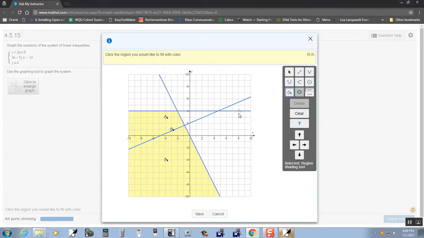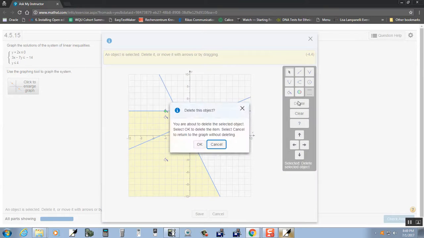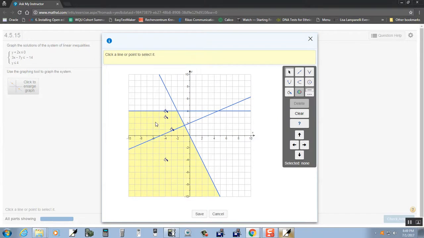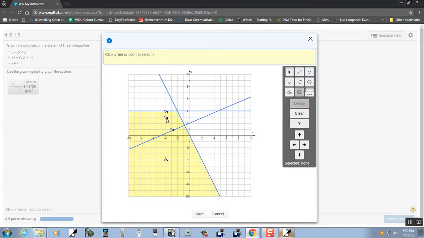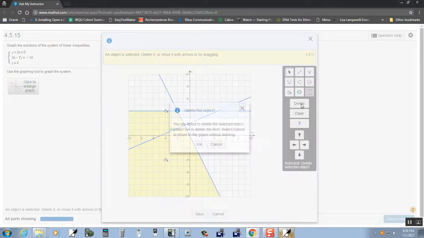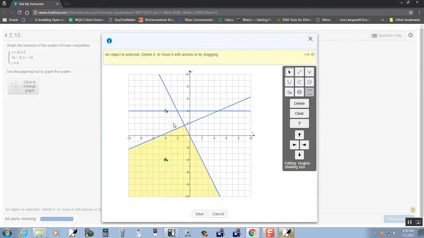I just should have done it over on the side and then shaded it all at the end. I don't know how to undo the shading. Clear, I think, clears out the entire thing. Let's choose delete. Selected object. Okay, if I choose a selected object, hopefully that. Delete. Oh, okay. You have to click this right here. See how it turns green? And that, delete. And this one, delete.